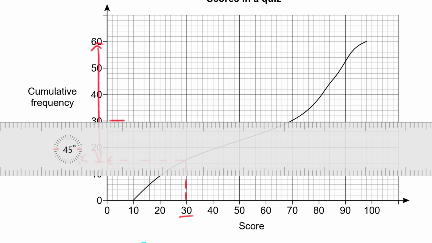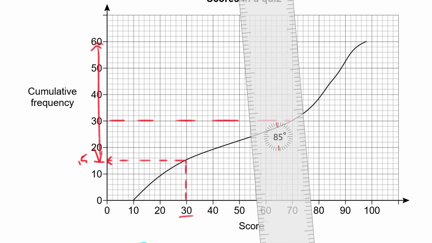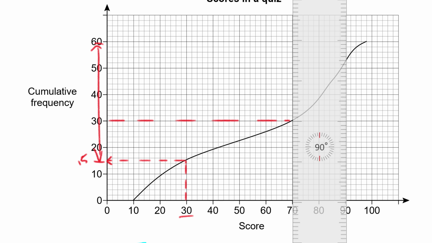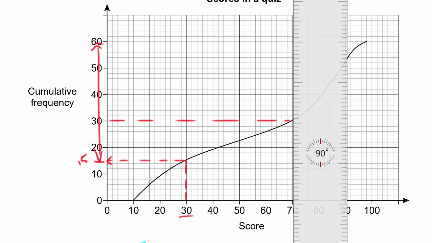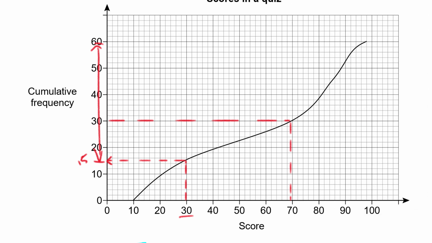So along from 30, and then change direction, go downwards. Now I estimate that to be just slightly below 70.